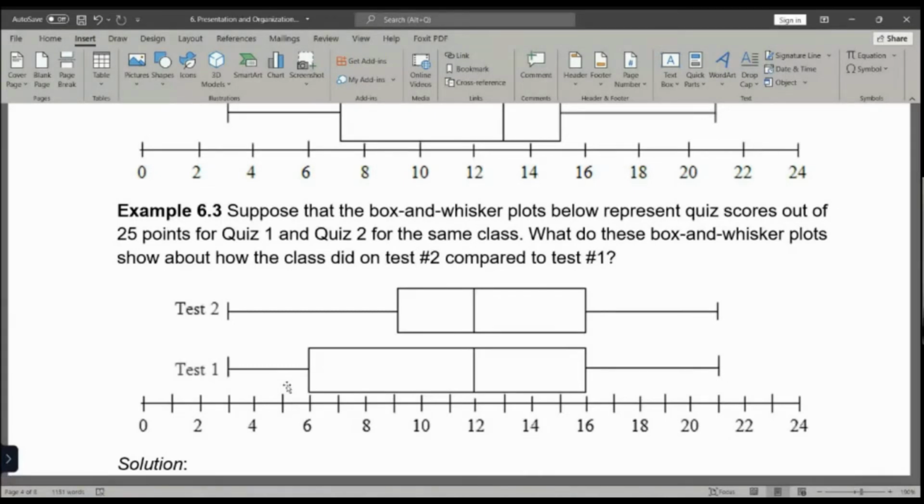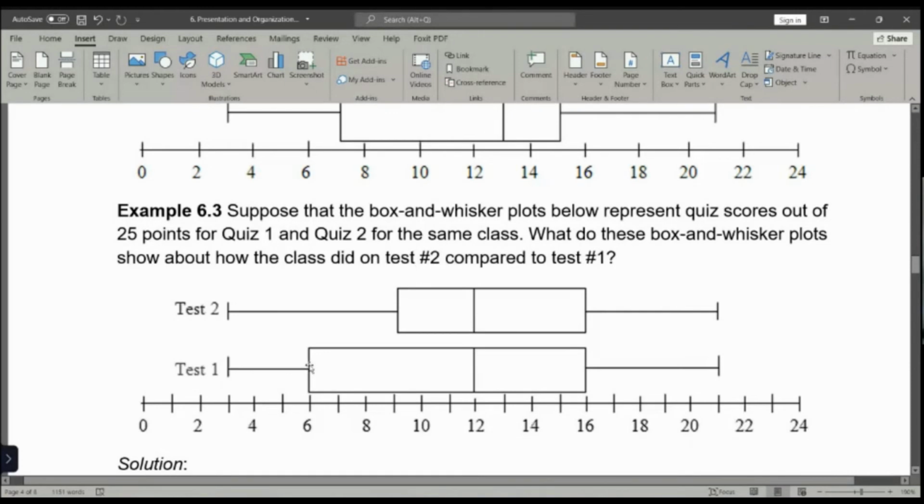25%? Is it 25? 75. Right, this is the first quartile.